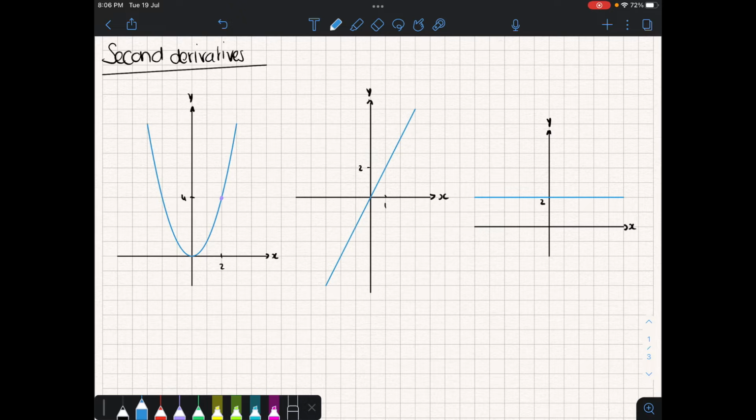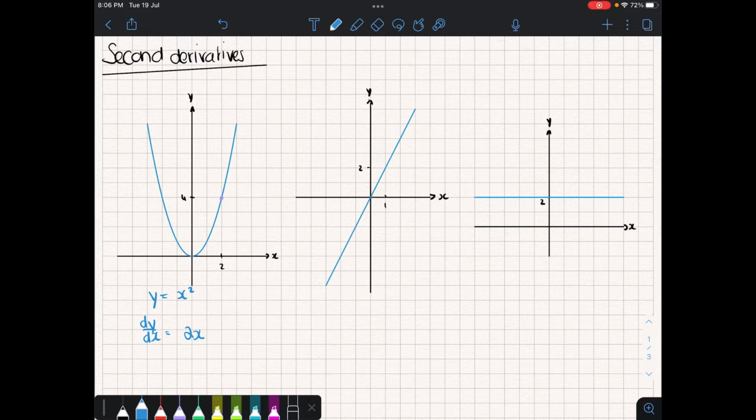So over here, for instance, we might have a function that is y equal to x squared. And so when we differentiate this function, we find the gradient function, right, or the derivative. So we would get dy on dx, right? And using the power rule, we know that is 2x.